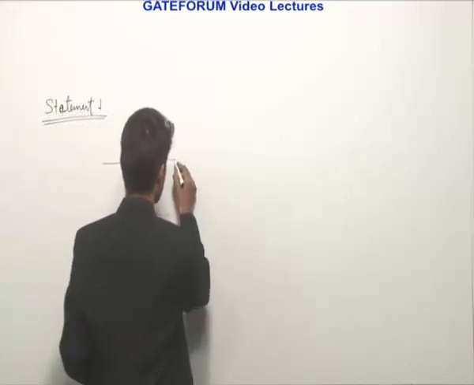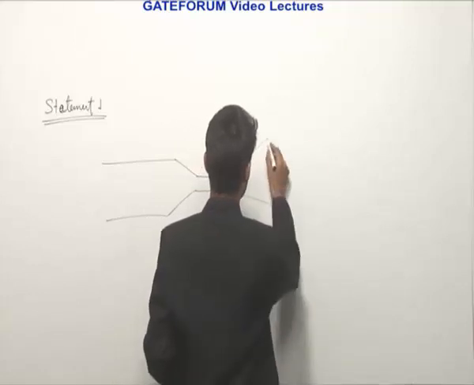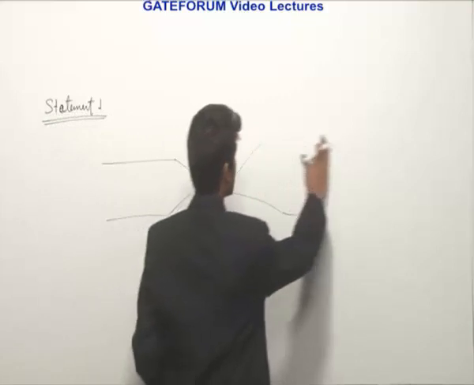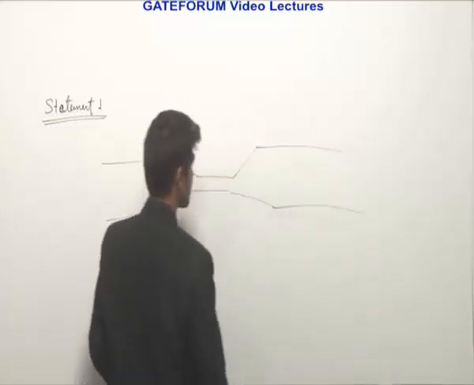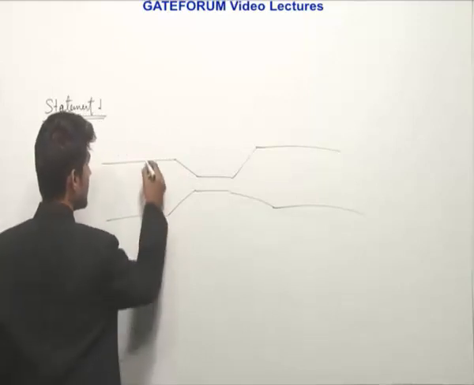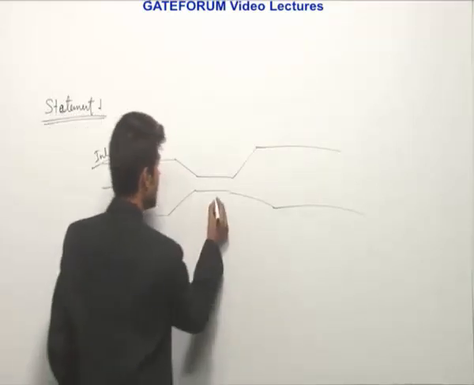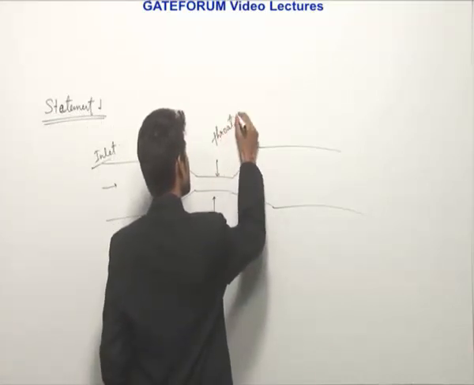Let us draw one venturimeter. This is how any venturimeter looks like. The diameter again here will be same. It is inlet, so it is my inlet, and this minimum diameter is known as throat.